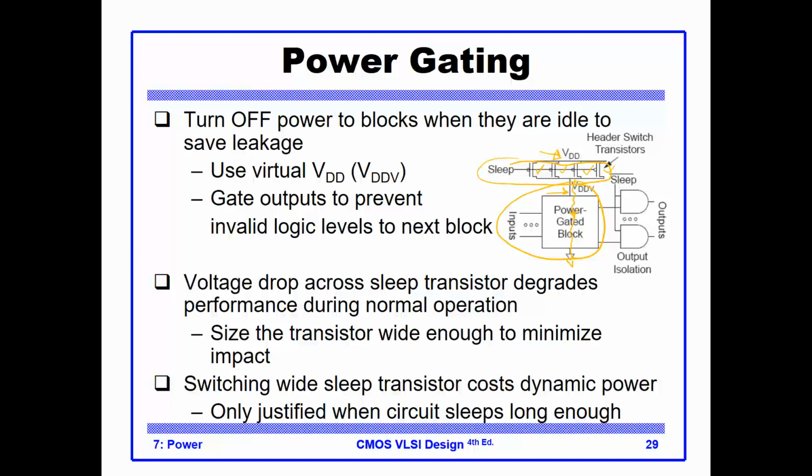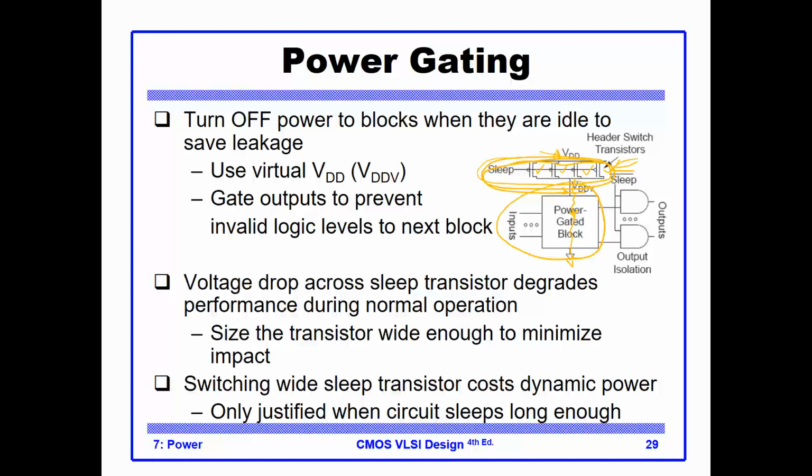The only problem is that the gate load of this PMOS transistor adds to dynamic power, number one. Number two, turning on and off might require additional delay, and these PMOS transistors can slow down your circuit.